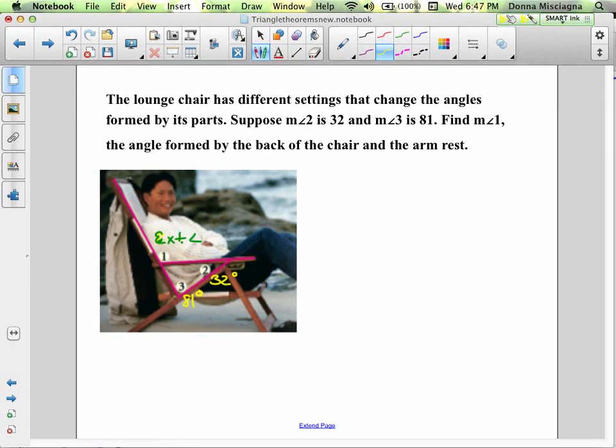Since angle 1 here is an exterior angle, angle 1 is going to be equal to the sum of those two non-adjacent angles. So angle 1 will equal 32 plus 81. And that means angle 1 is 113 degrees. Wasn't too difficult now, was it?